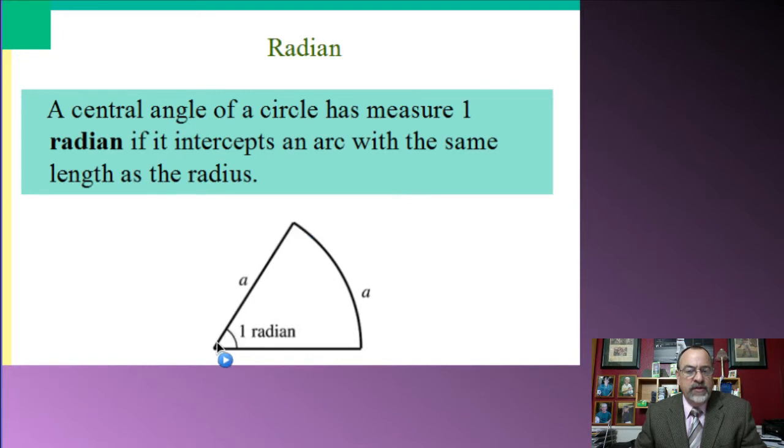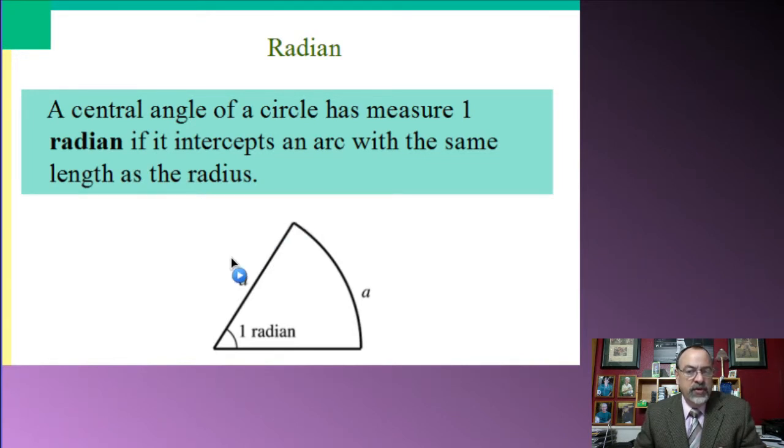If this radius and this radius are the same, because all radii are equal, and the length of this arc is the same length as these radii, then the measure of the angle created by those 2 radii, we're going to give a measurement of 1 radian.